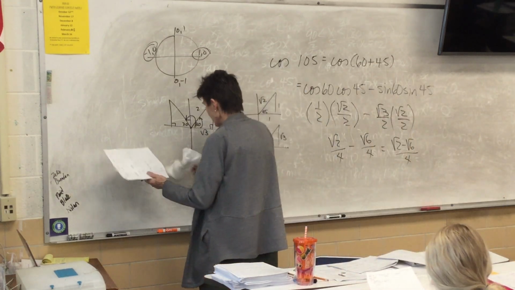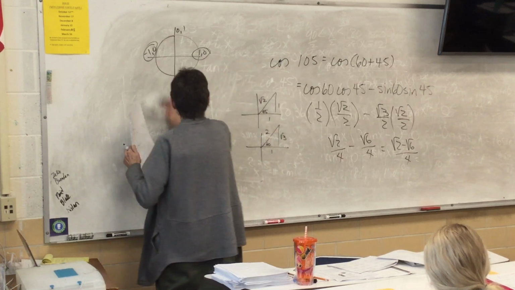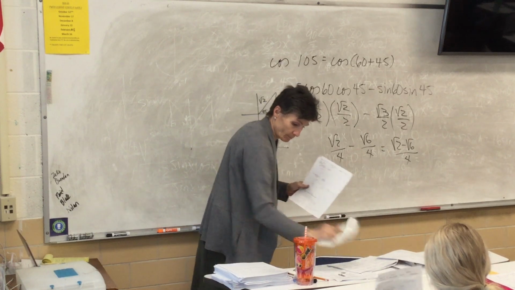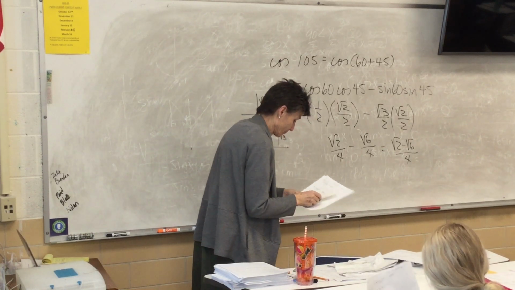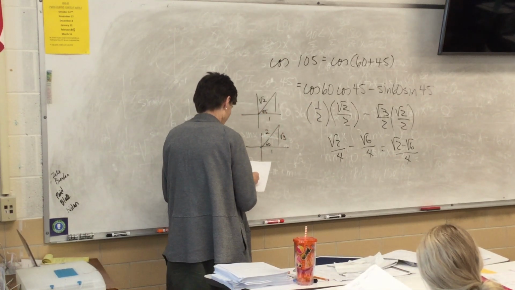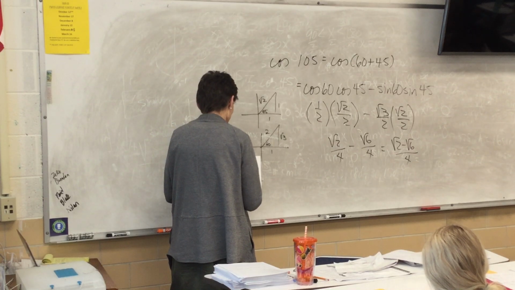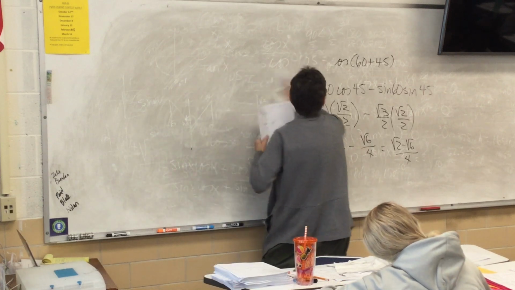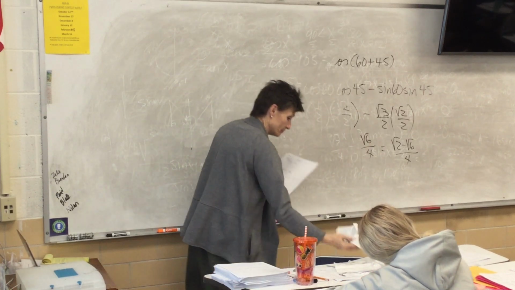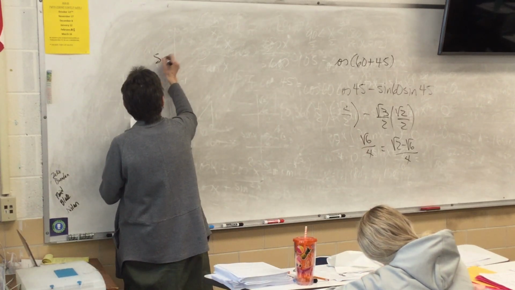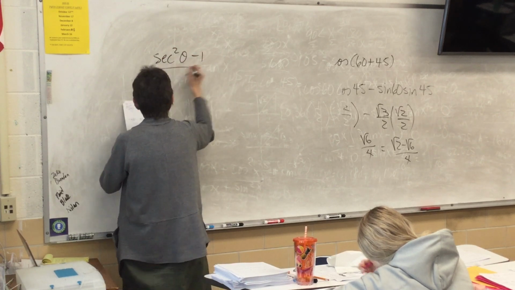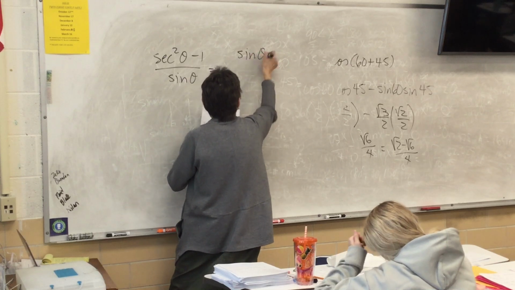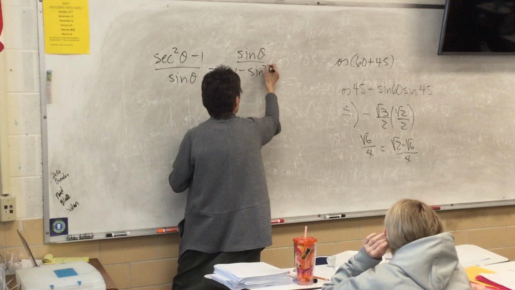This is another verification. Secant squared minus 1 over sine equals sine over 1 minus sine squared.